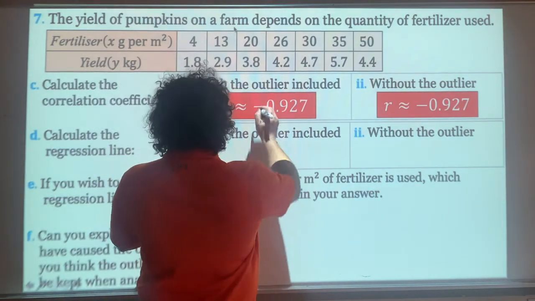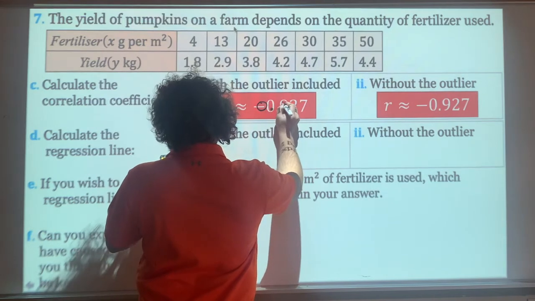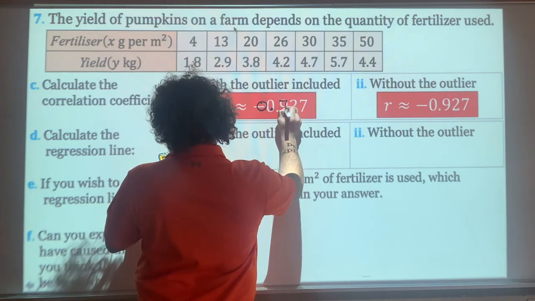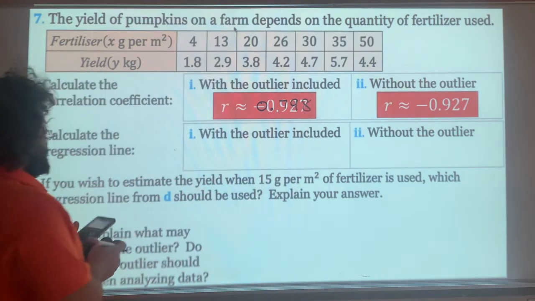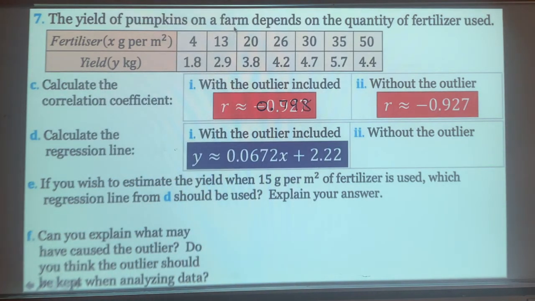Well, they're both wrong. 0.798. Okay? Now the regression line, this one is correct. It's 0.06272 x plus 2.22. All right? I just messed up that somehow. The correlation coefficient equals 0.798.